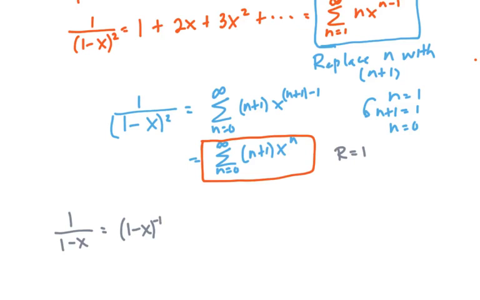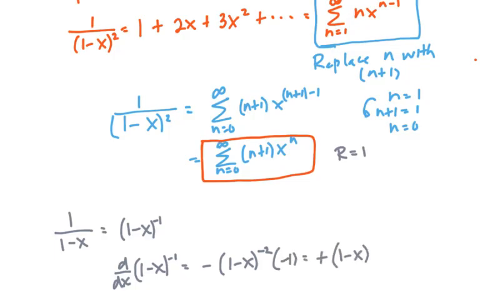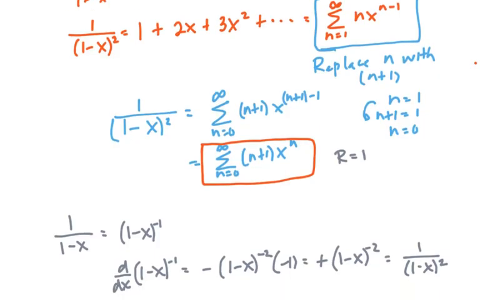So the derivative with respect to x of 1 minus x to the minus 1 is negative 1 minus x to the minus 2 times negative 1, which is positive 1 minus x to the minus 2, which is 1 over 1 minus x quantity squared. That's why we took the derivative above, so you could see that it's true.